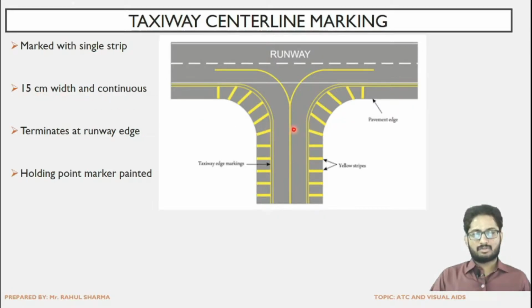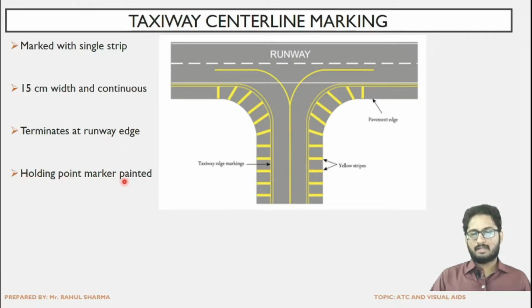Unlike the runway center line marking, which was a dash marking, this is a continuous line and the color is yellow, while in the runway markings all the markings were of white color. It terminates at the runway edge, that is, the extent or the limit of this marking is up to the runway edge.